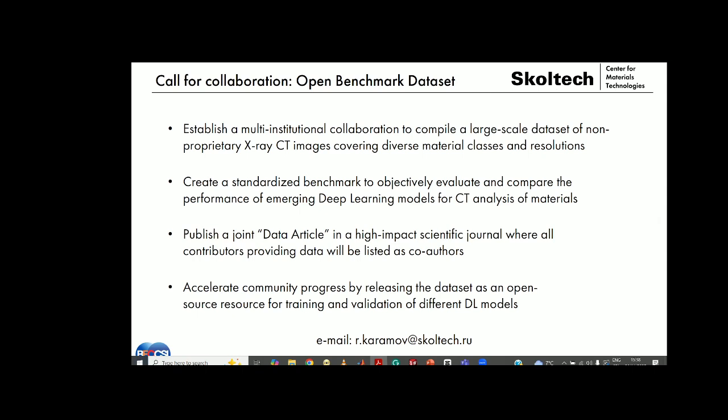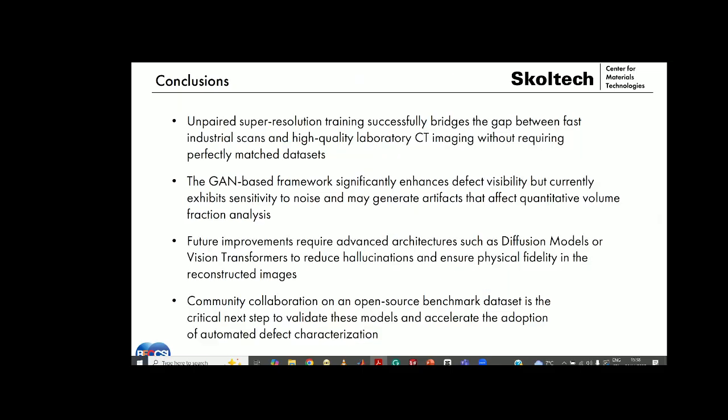After that, based on this benchmark dataset, we plan to develop a super resolution model and make it open source to accelerate development, because without open source datasets, the field will not develop.